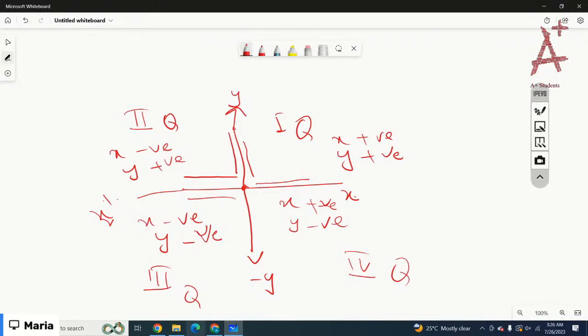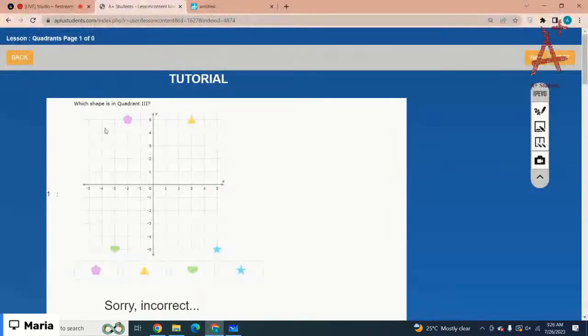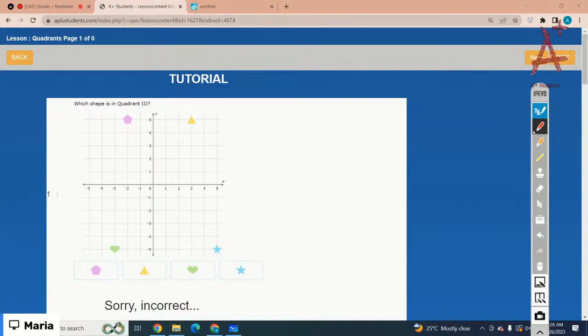Okay, let's just start with the practice questions. Which shape is in quadrant 3? Now you have to see which is quadrant 3. So move anti-clockwise, that is quadrant 1, that is quadrant 2, and that is quadrant 3. You have to look which shape is in quadrant 3. In quadrant 3 you have a green heart, right? So the correct option is the green heart.